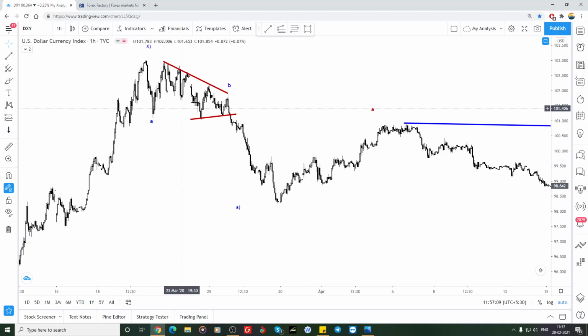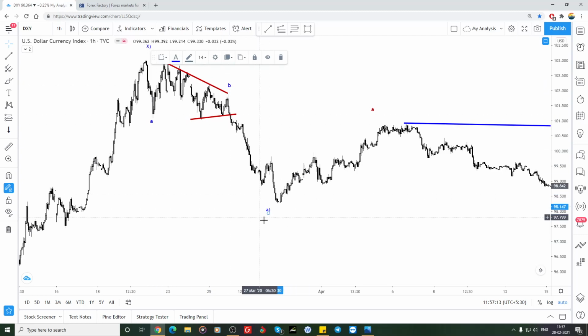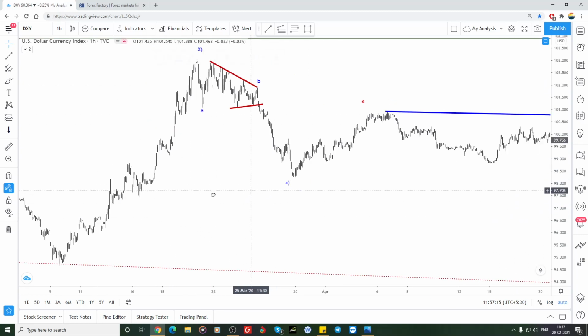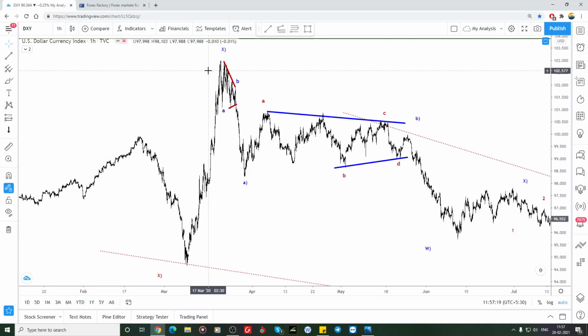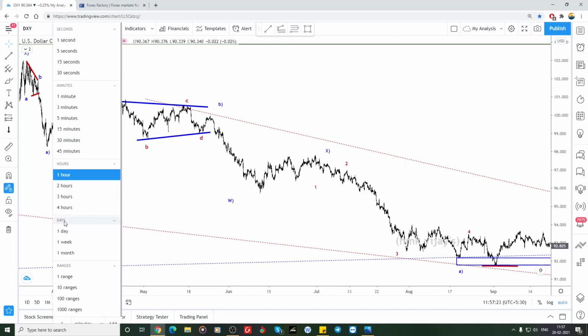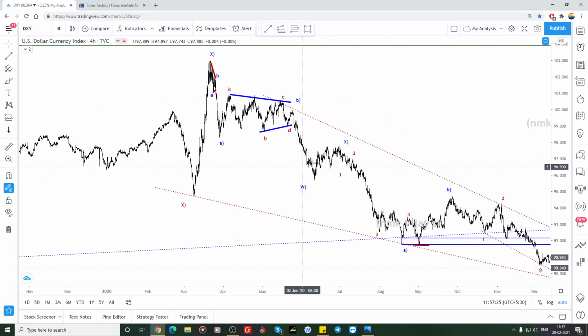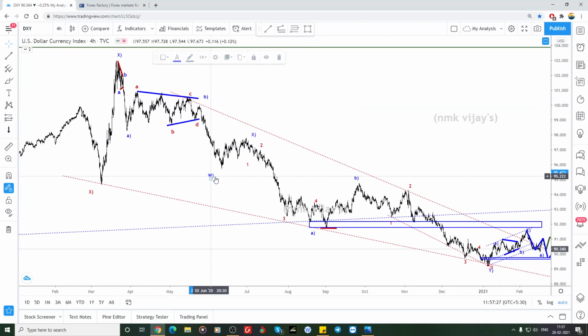So here A, B, C. In the past, I did this as B, C as a W. So that is one mistake. And here A, B, and after that, I made this as a W, X, A, B and C.